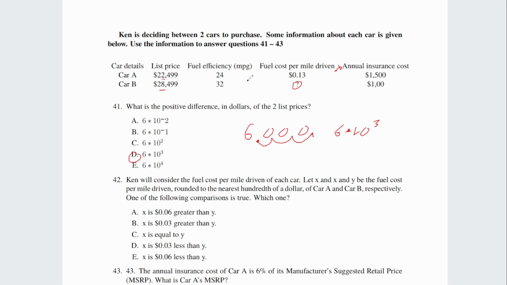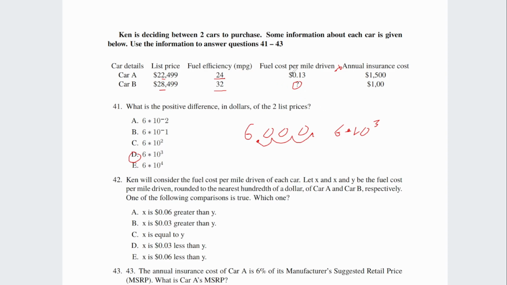Well, we know that the fuel efficiency of car A is 24. So we need to figure out what the fuel cost per mile driven of a car that makes 32 miles per gallon is.